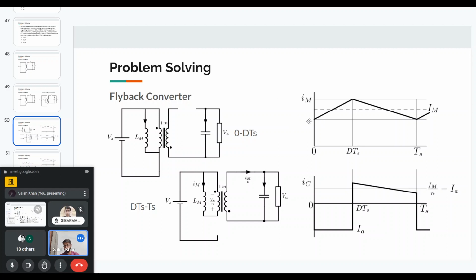The flux goes from some value, and it will have the same shape as the magnetizing current. Here I have shown a CCM condition. We can operate it at the boundary as well if we want to utilize the transformer in a better way. So I hope that is clear.